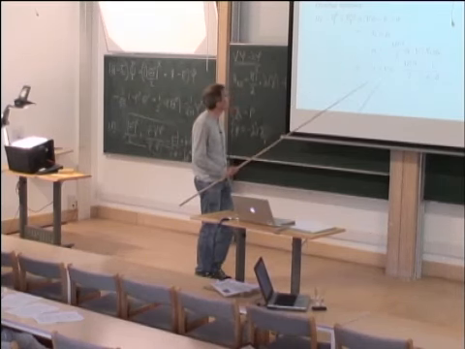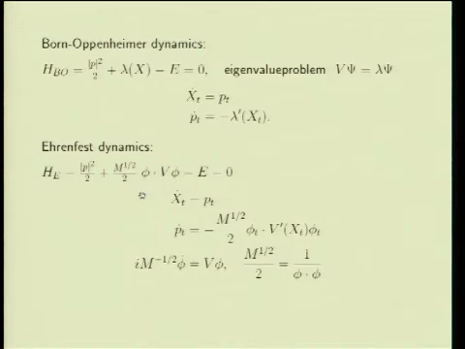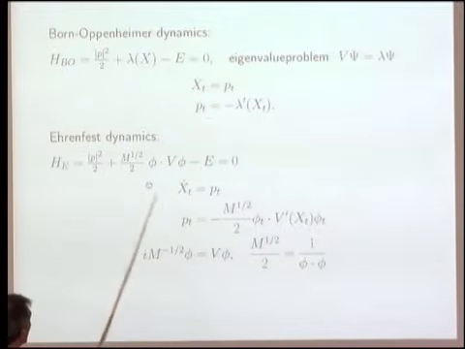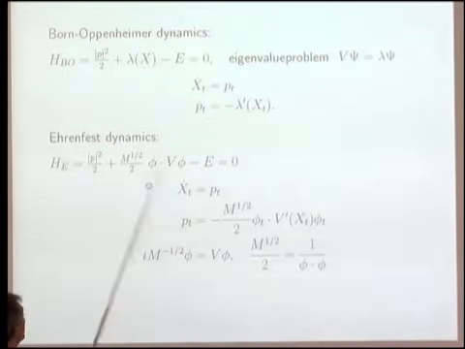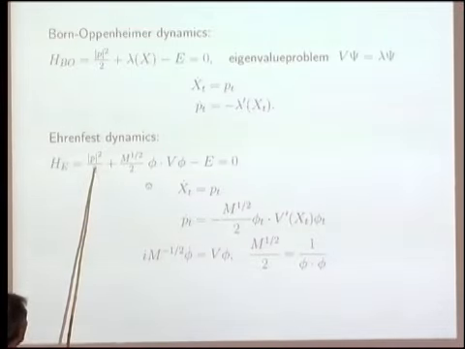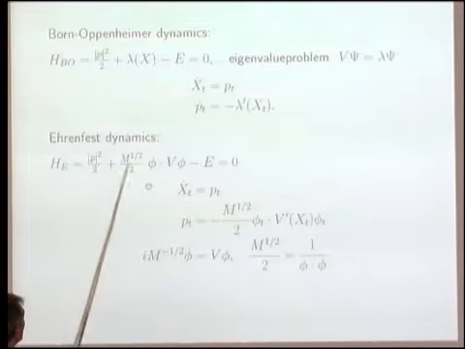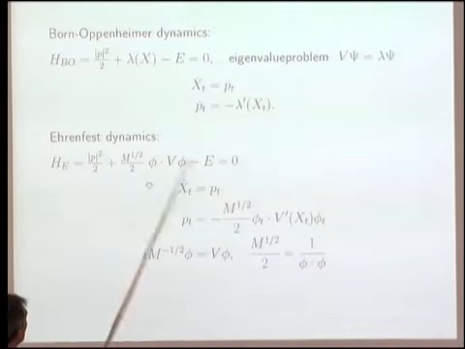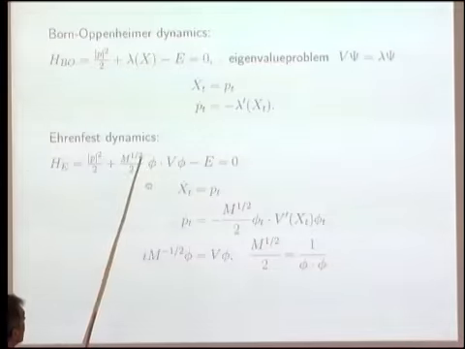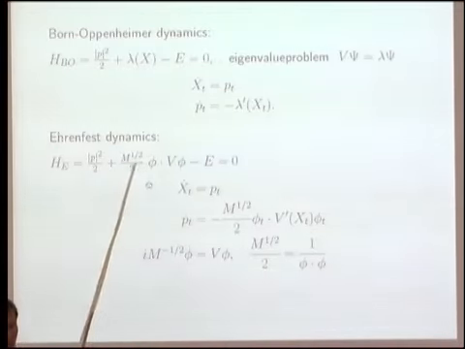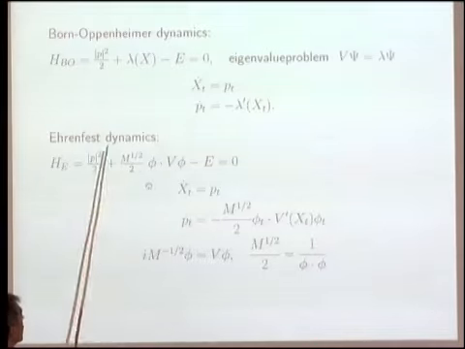I want the nuclei to be in slow coordinates and the electrons fast. So I have my kinetic energy for nuclei, and then here is the Hamiltonian. Now, what is the dynamics, the Hamiltonian system for this Hamiltonian?